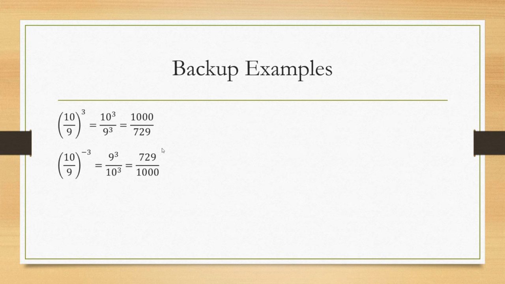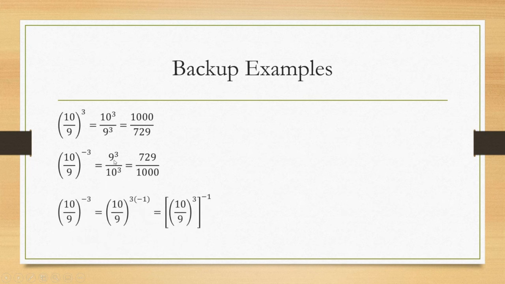Now, if you were to raise it to the negative 3 instead of the third power, what would happen is you would end up flipping it. The next line actually kind of illustrates it, although I guess this could have been better, but it's just some other stuff I decided to put in. As you can see here, all I'm doing is (10 over 9) to the negative 3.